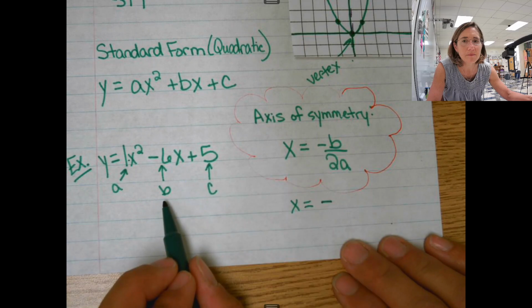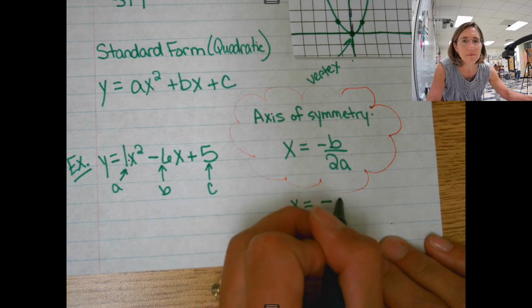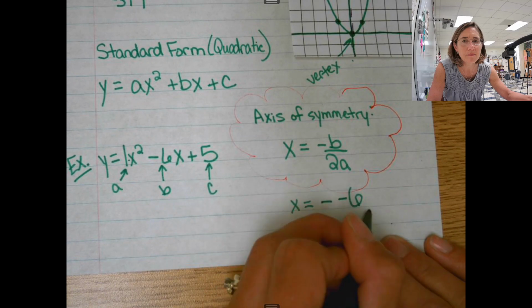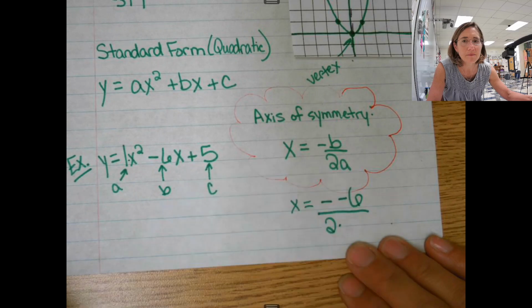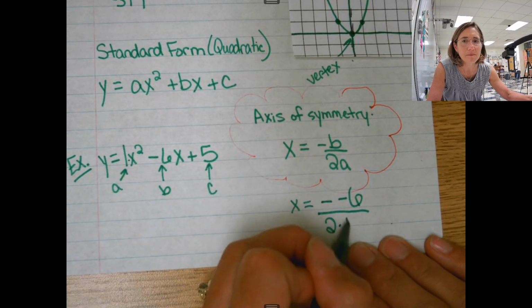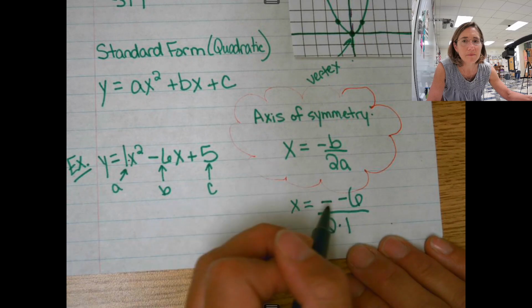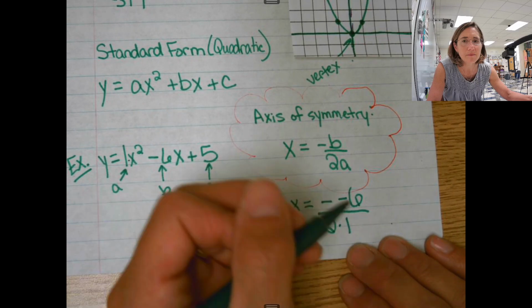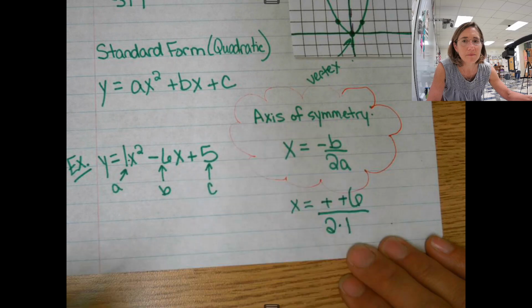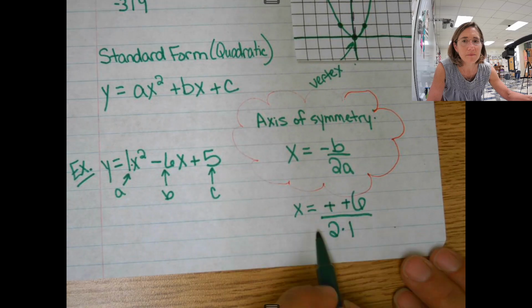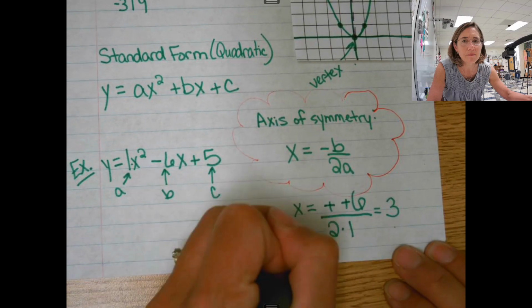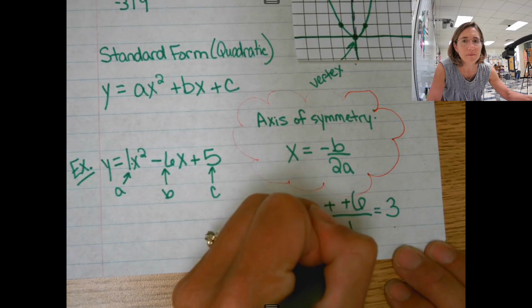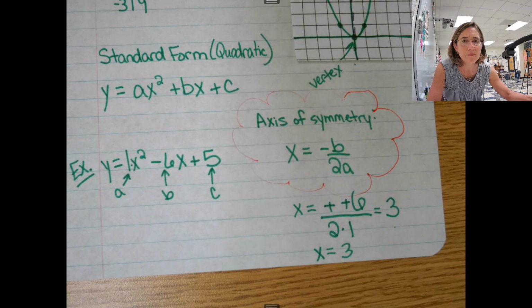If I look over here on the left, our b value is -6, all over 2 times our a value here, which is 1. It looks a little bit weird on the top with the double negative, so I would change it to adding the opposite. So I have 6 over 2, which equals 3. So x equals 3 is where the axis of symmetry is going to be for this equation.